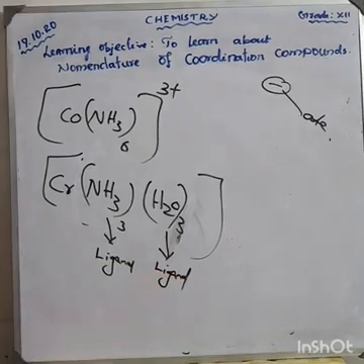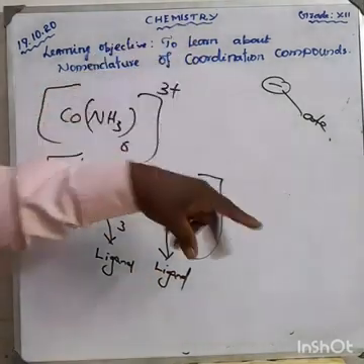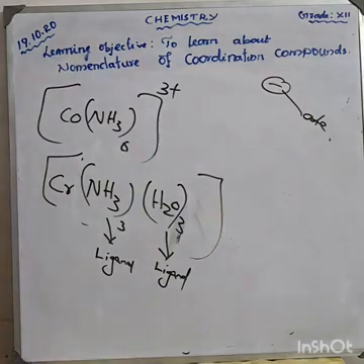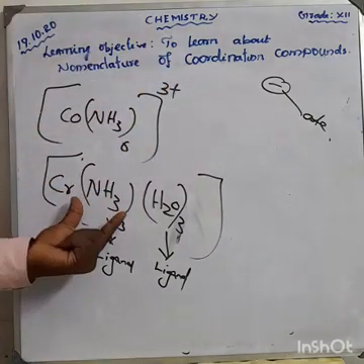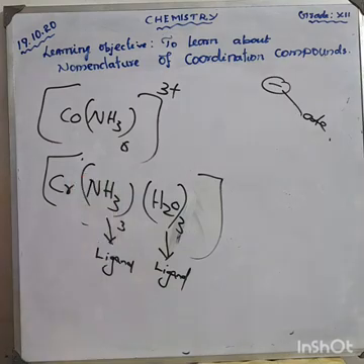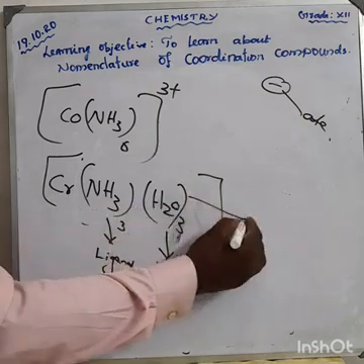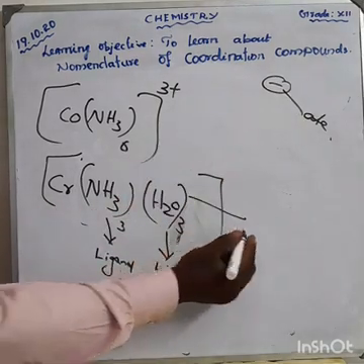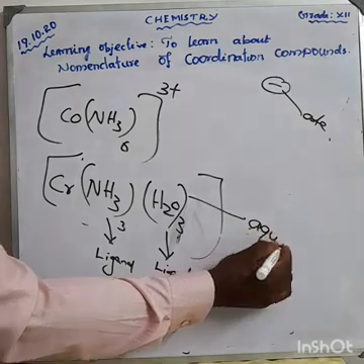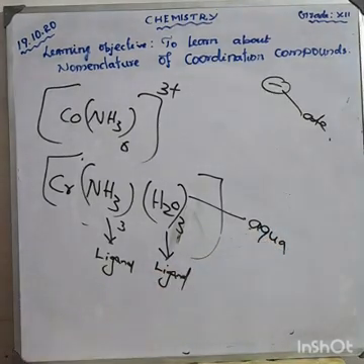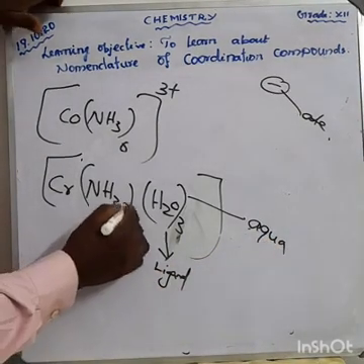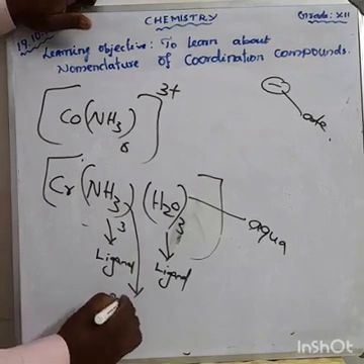I told you that with more than one ligand, we must decide which gives the priority, whether it is ammine or water molecules. Water is also neutral. Water should be said as aqua, AQUA. Water can be written as aqua. Ammonia can be written as ammine.